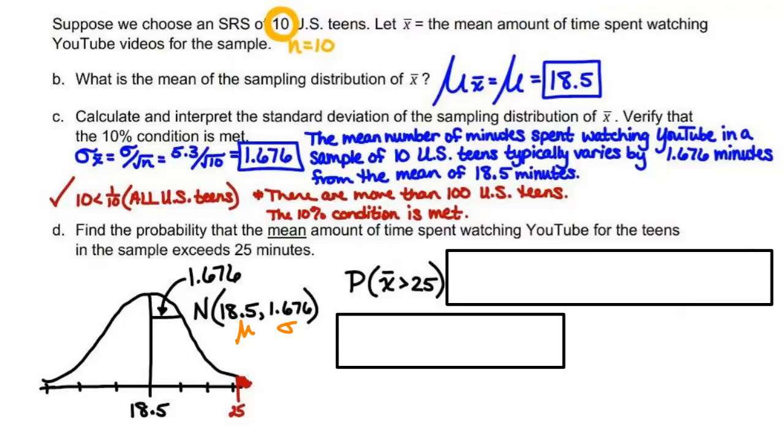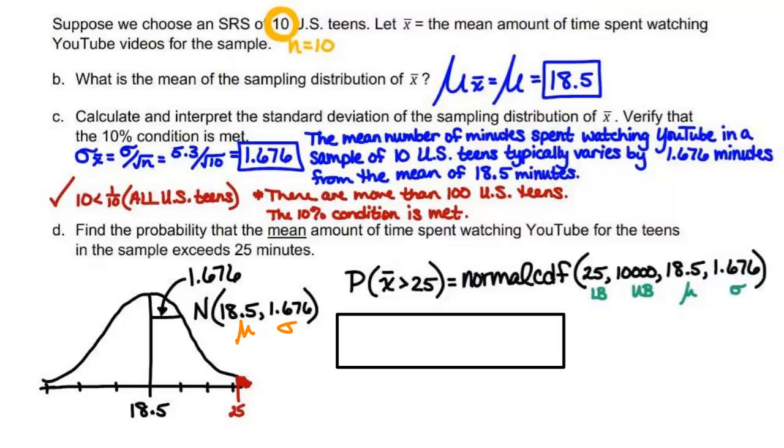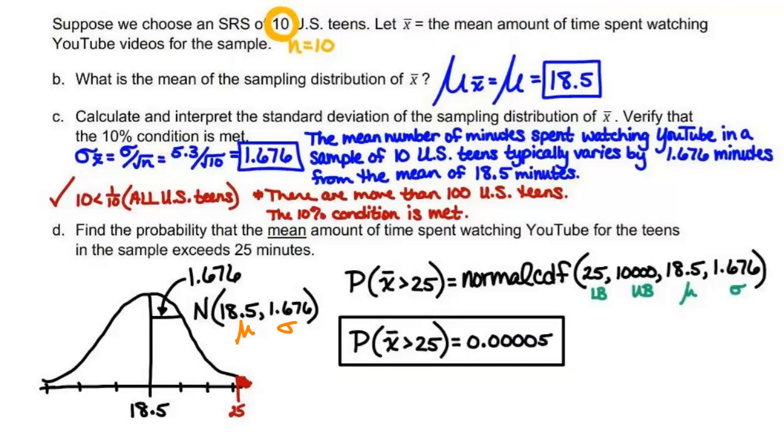Now I don't want x greater than 25. Now I want x bar, the mean of the sample, greater than 25. Normal CDF, 25, 10,000, 18.5, and the new standard deviation of 1.676. And I got something outrageously small, 0.00005.